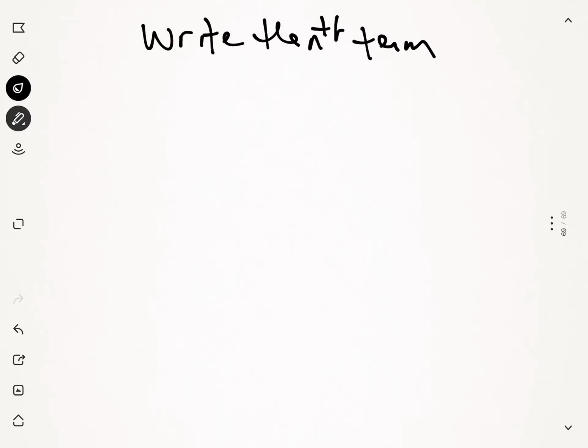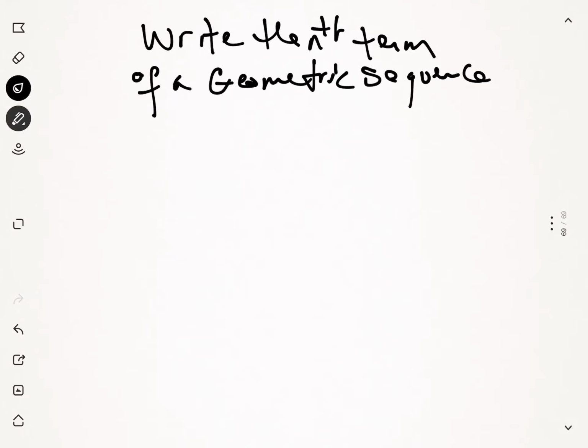Now, say we are going to write the nth term of a geometric sequence. So we want to write a formula, and we're going to get some numbers. Write a formula for the nth term.